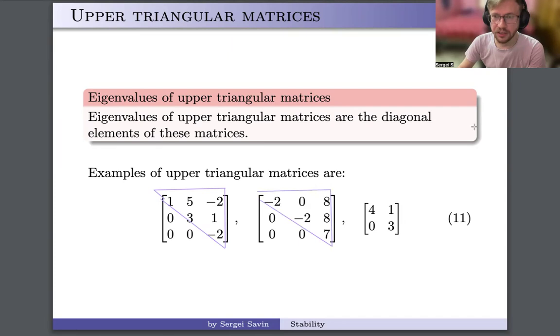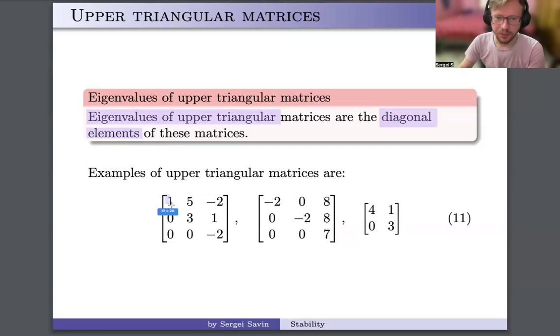So elements on the diagonal and on top of that, nothing below the diagonal. Here's the rule: eigenvalues of upper triangular matrices are the diagonal elements of those matrices. That is a key rule.